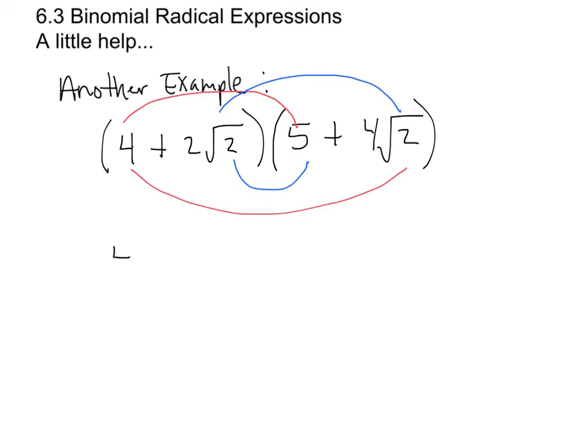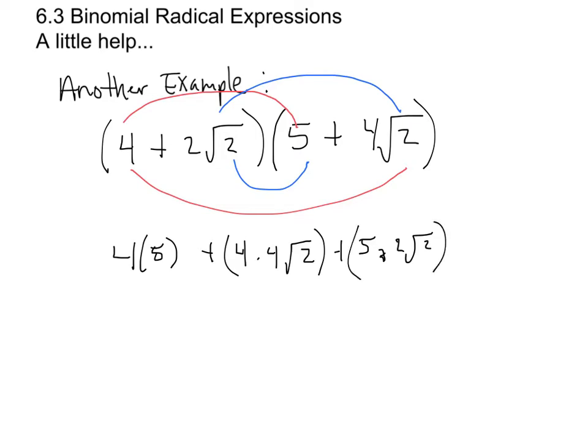That gives us 4 times 5 plus 4 times 4 root 2 plus 5 times 2 root 2 plus 2 root 2 times 4 root 2.